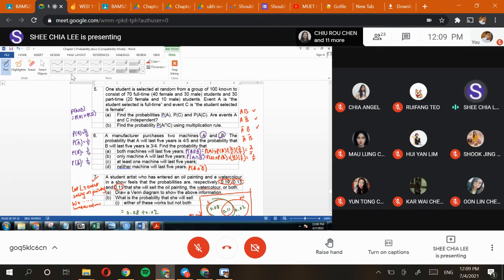Okay, all right. If at least one machine will last 5 years, I want to take the probability A lasts, B lasts. No, don't write like this. Since I already have the answer, I just write: A lasts 5 years, B also lasts, or A lasts, B doesn't last, or A doesn't last, B lasts.